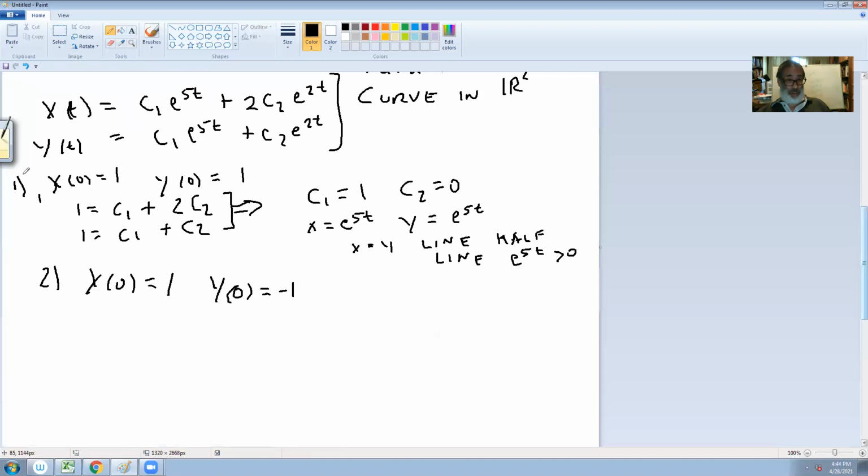So if we go down to this initial condition here, we have 1 is equal to C1 minus 2C2. And then we also have negative 1 is equal to C1 plus C2.